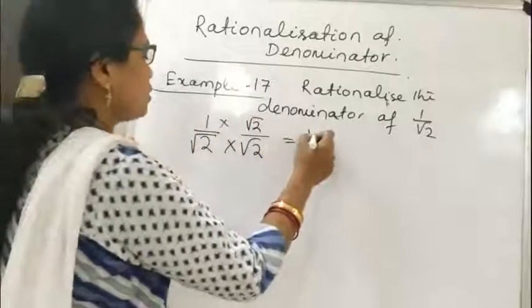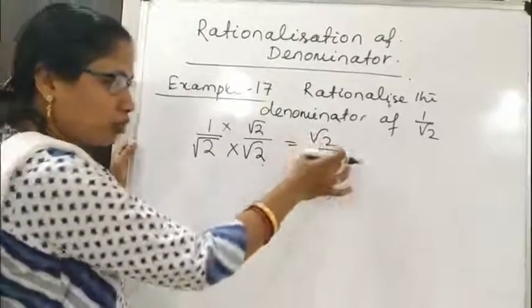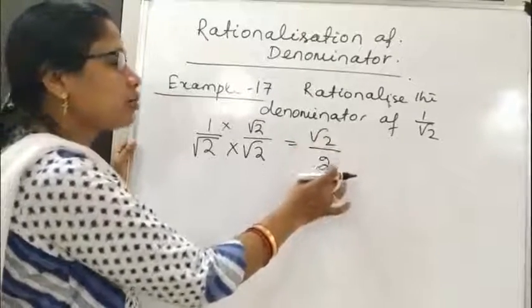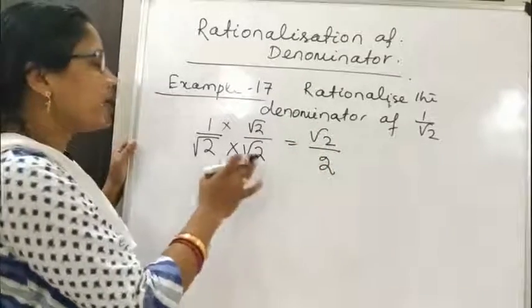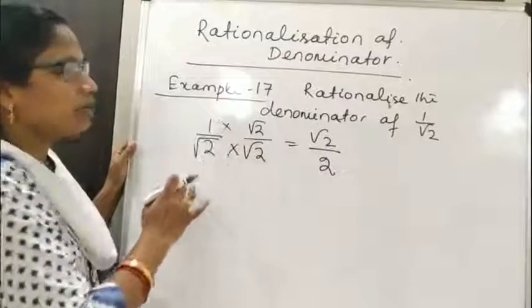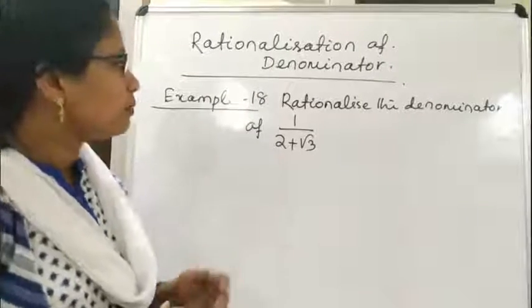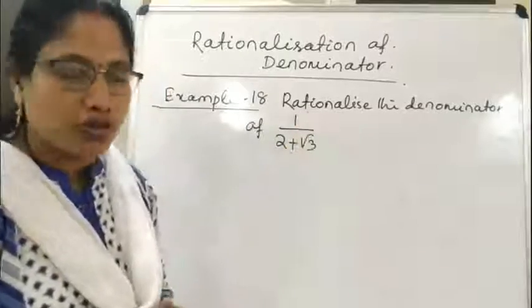So this is equal to root 2 by 2. So here root 2 by 2 has a rational denominator. So root 2 by 2 is an equivalent expression of 1 by root 2. Next example, rationalize the denominator of 1 by 2 plus root 3.